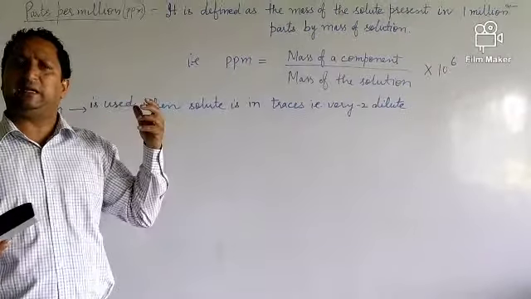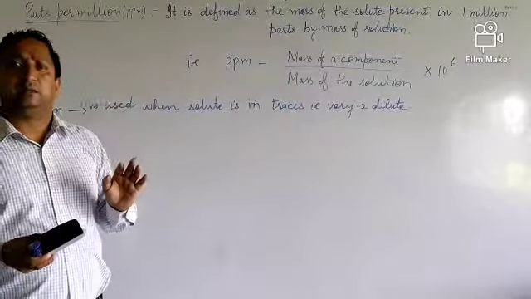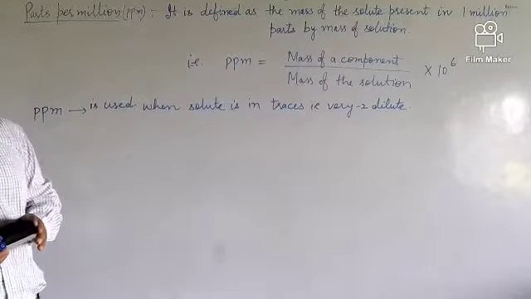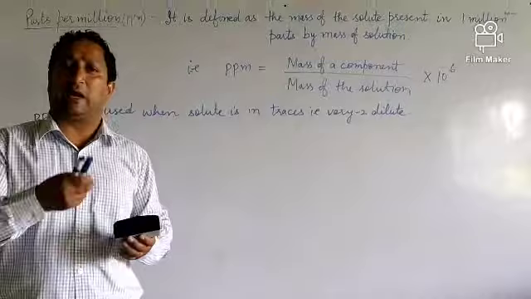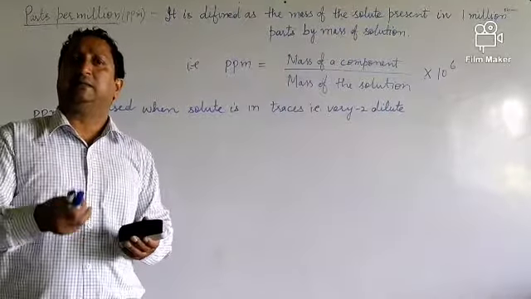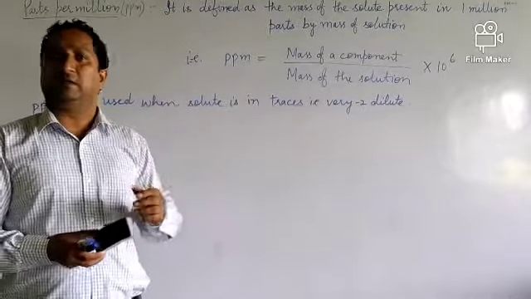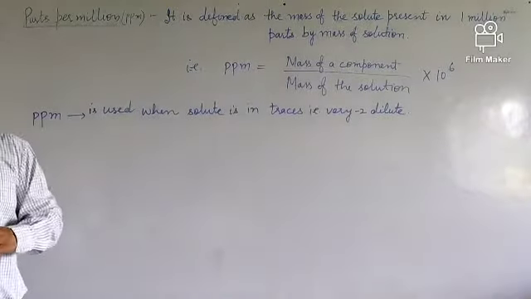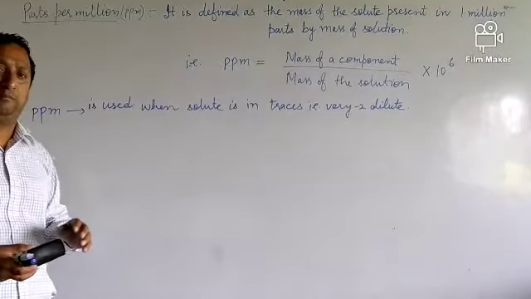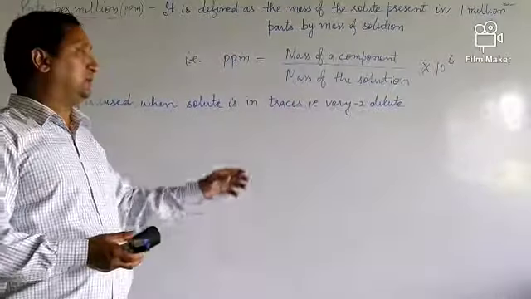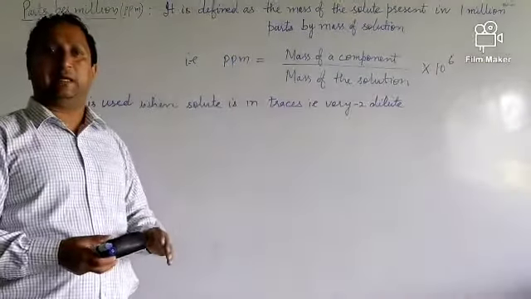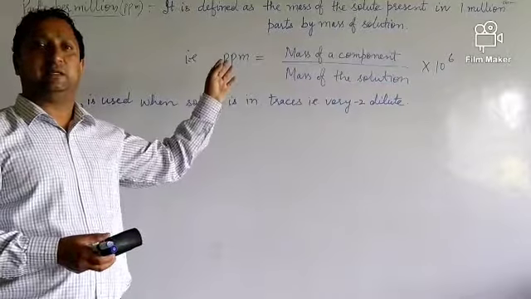Traces means very dilute solutions are there. Similarly, if you want to measure the chlorides, nitrates, lead in the drinking water, then again we use the concentration term of ppm. Now onwards, we will do few numericals related to these concentration terms.